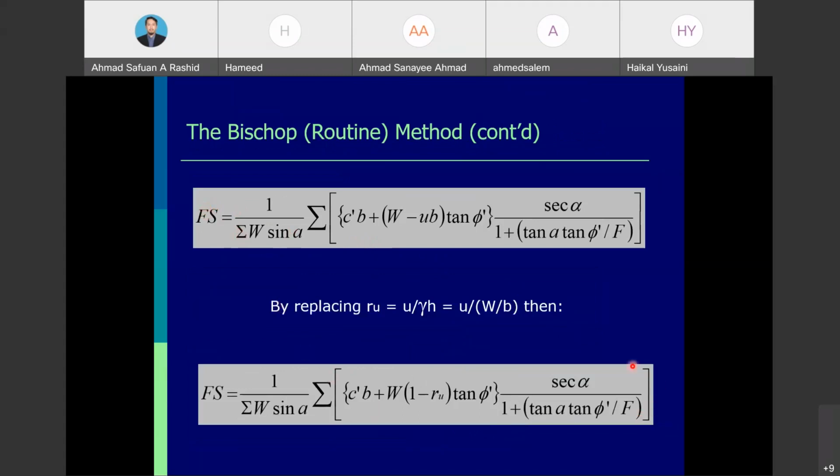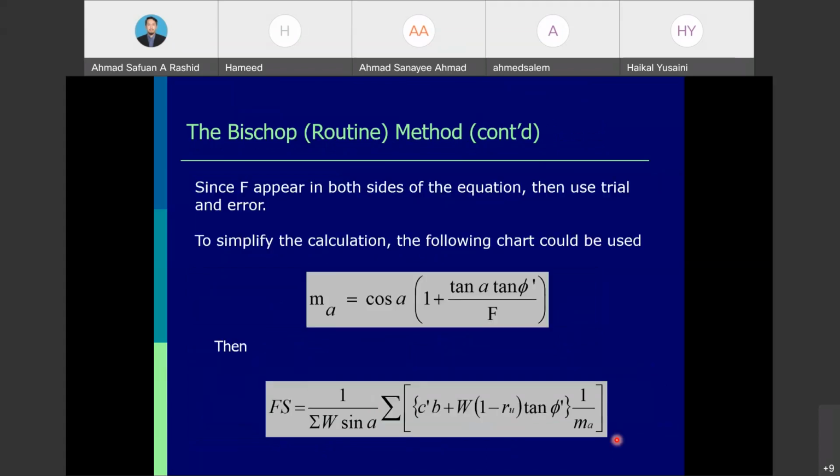In this other equation, which has been improved, we need to identify the factor of safety on the right. Because the MA is derived, this is the equation of MA, where it has the F factor of safety value. This MA is a part of the whole equation to obtain the factor of safety on the left.